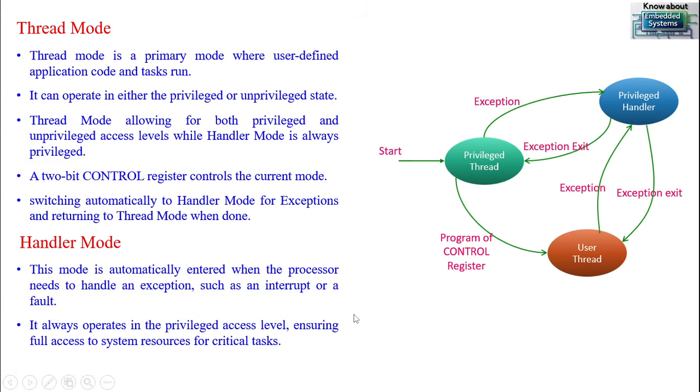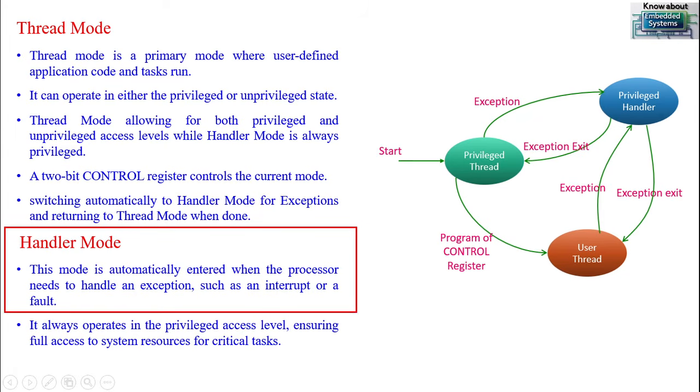What do you mean by handler mode? At the top you can see the blue color block. Handler mode means whenever the program is executing in the privileged mode or in an unprivileged mode, and there is an exception or an interrupt, then the processor has to move to the handler mode.